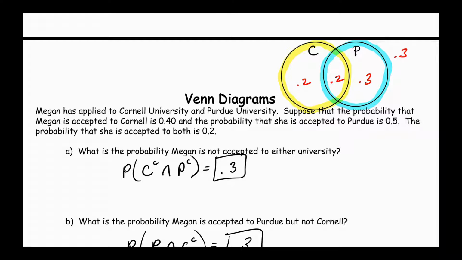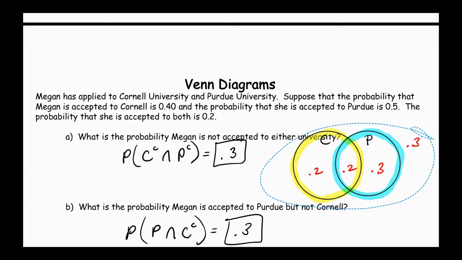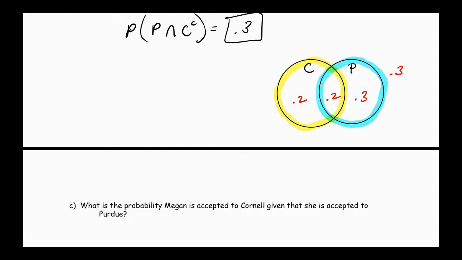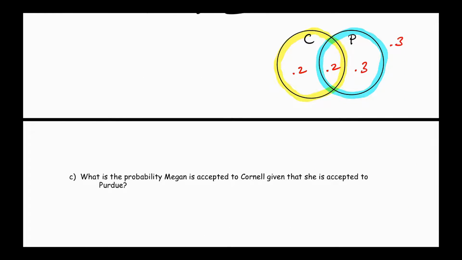All right. Let's look at the next one. Let me move down here so I can get a better view. The next one says, what is the probability Megan is accepted to Cornell given that, right there, I'm going to underline that many, many times.